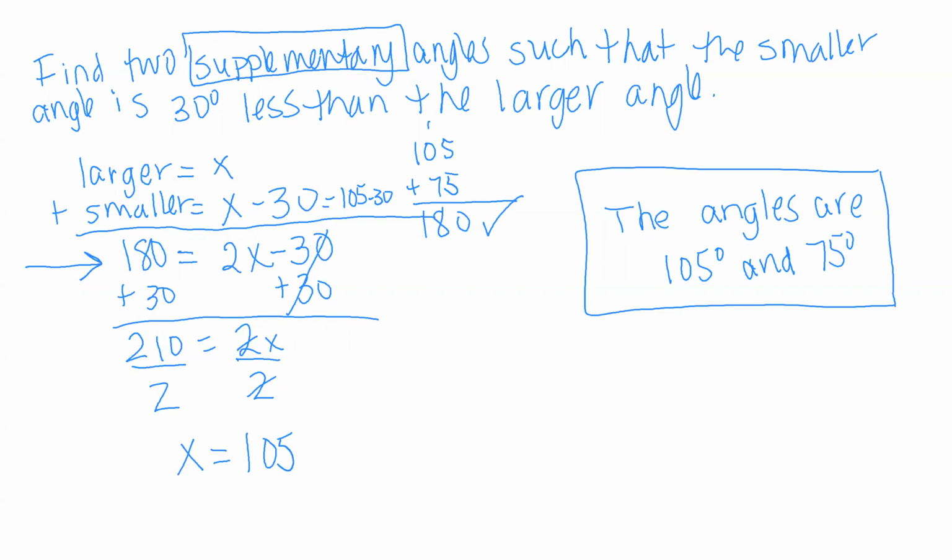Okay, so supplementary and complementary angles are pretty easy. When you're dealing with triangles, it's not that they're hard, but you do have an extra step. So let's look at a triangle problem.